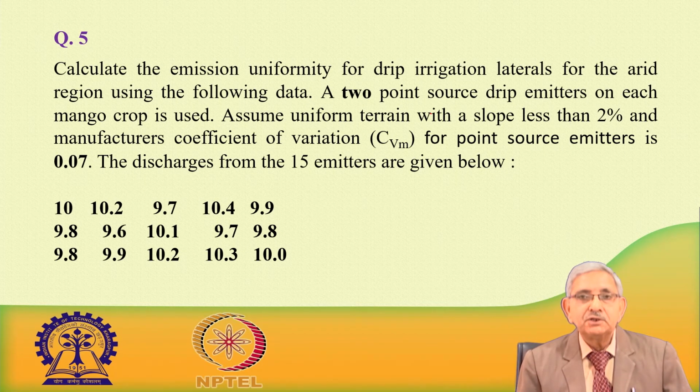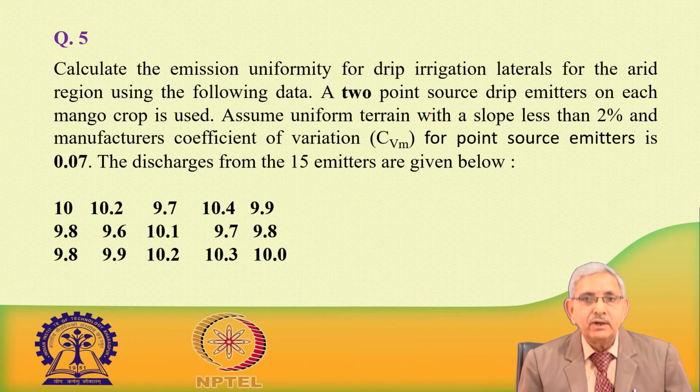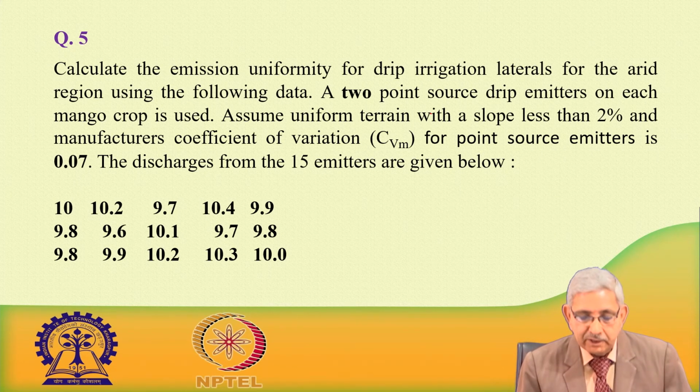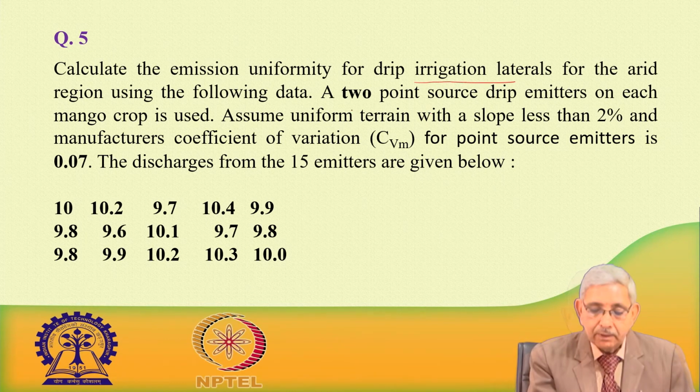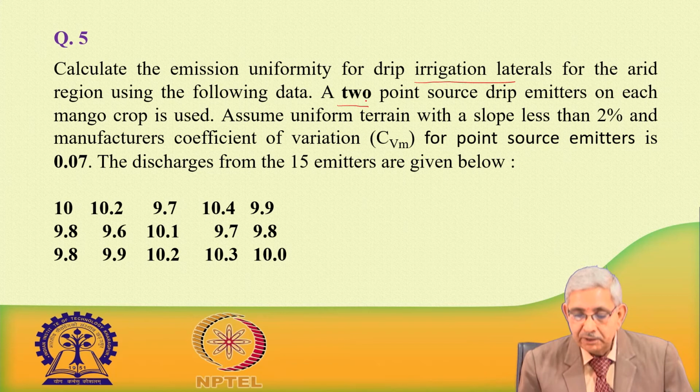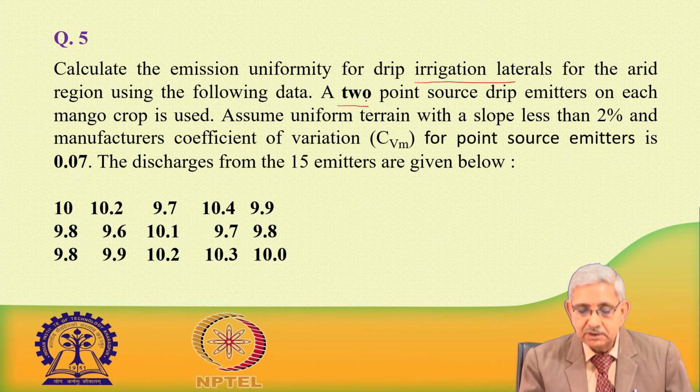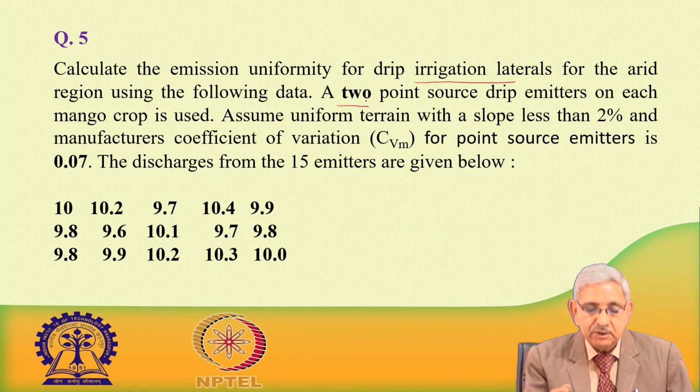Question 5: we have also been given the data, and we are required to find out the emission uniformity in the same way, but more observations are available and the question has been solved in a different way, with some other data given. So, let us try to work out the data which are given. There are two point source emitters on each pantograph. So, NE is the same as it was in the previous case.